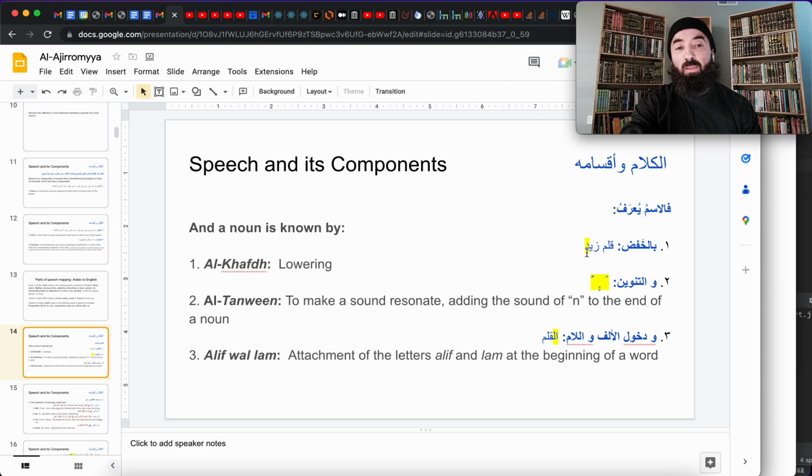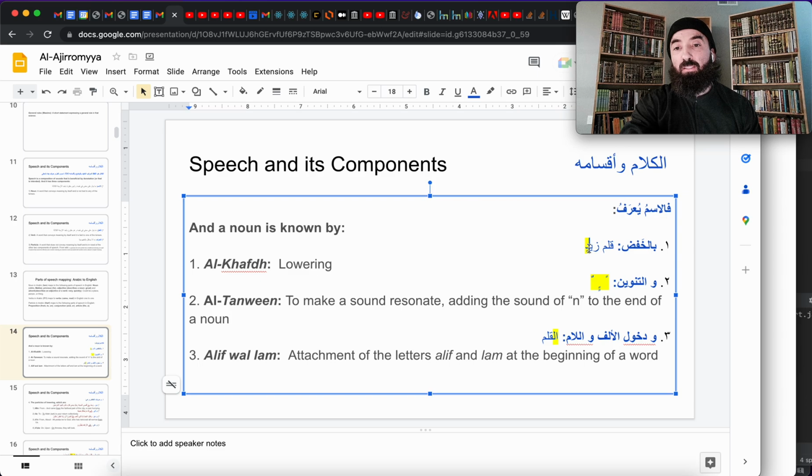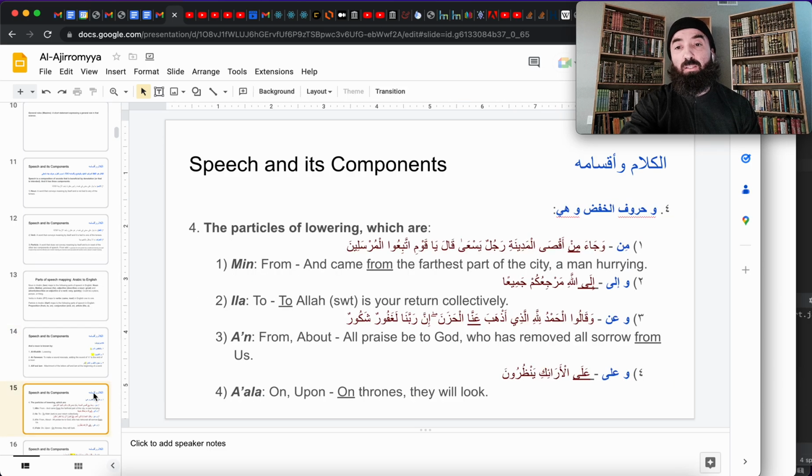For example, when you have association, what we call idafa, that also makes the word at the end have a kasra or kasratayn. That is why the author treats them separately, because not every khafd is directly caused by the particles of lowering.